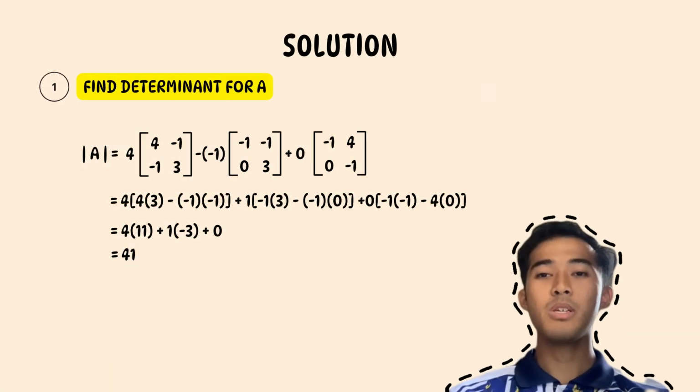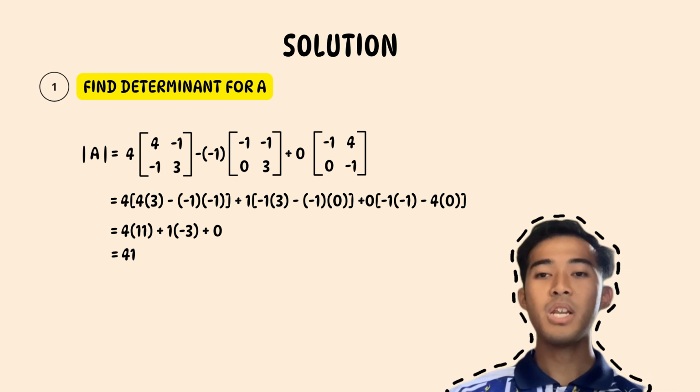The first step is to find the determinant of A. So, 4 times matrix 4, negative 1, negative 1, 3, minus in bracket negative 1 times matrix negative 1, negative 1, 0, 3, plus 0 times matrix negative 1, 4, 0, negative 1.